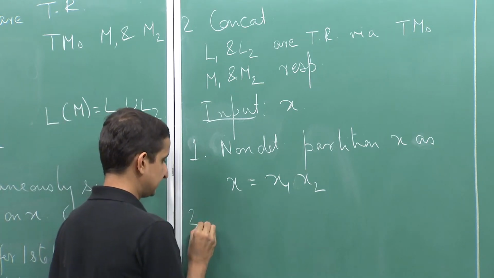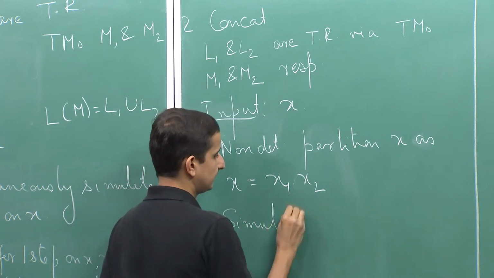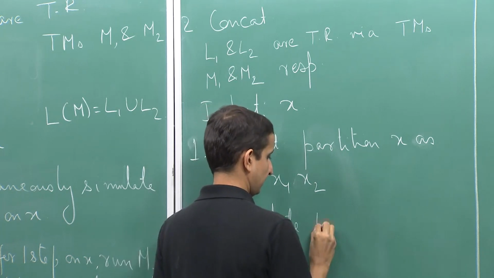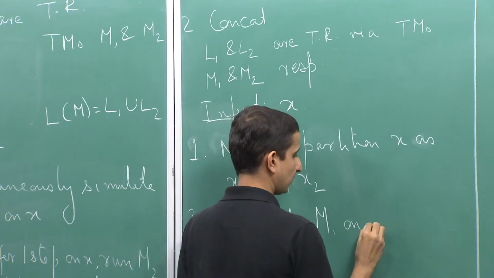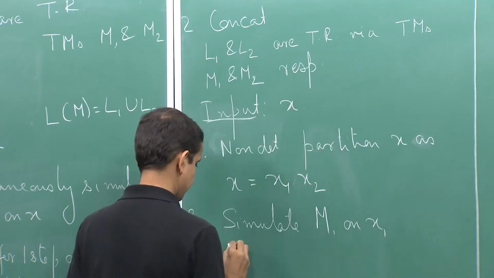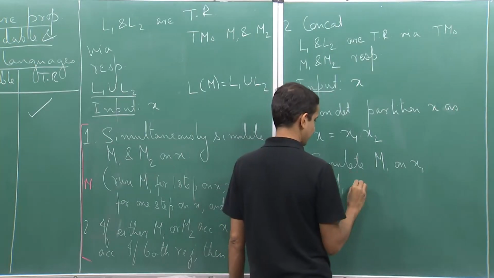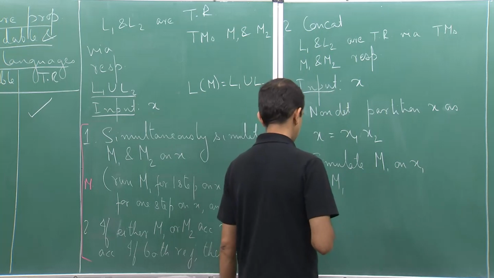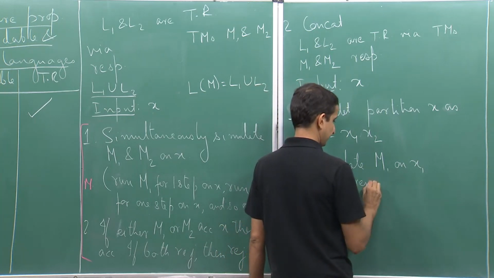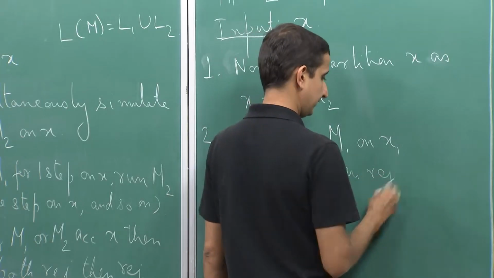Now, once this is done, you simulate M1 on x1. If M1 rejects, then reject.